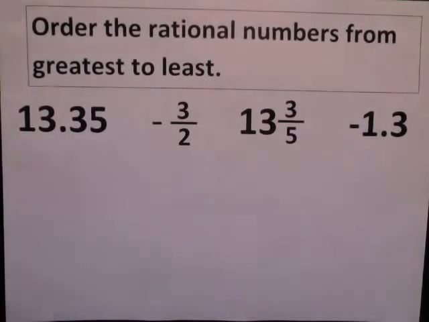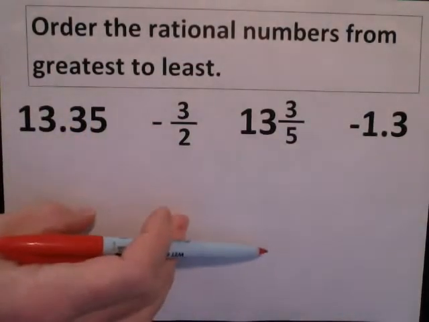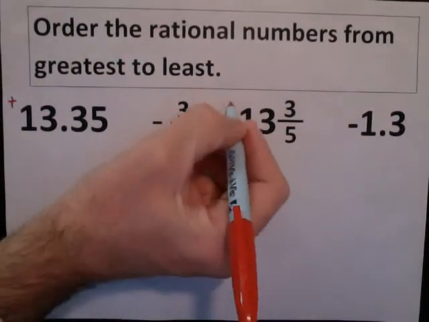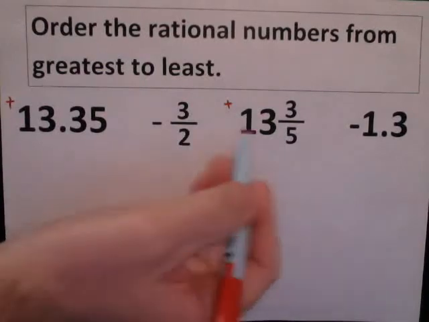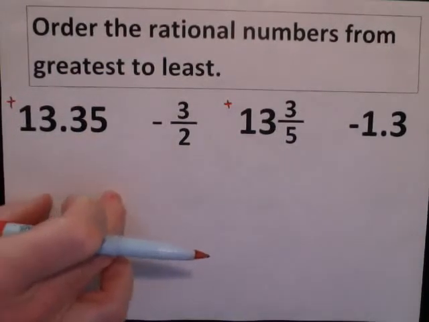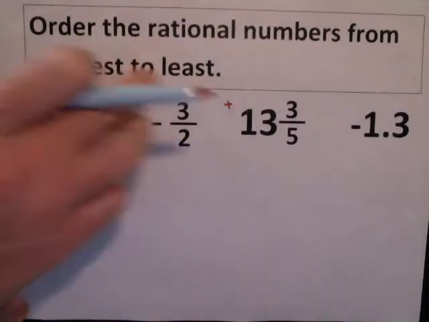And again, just start by looking over all of the numbers and trying to visualize them on a number line. Well, in this case, you can see that you have a positive number and a positive number, a negative and a negative. So you know that these are going to be at the beginning of your ordering, and these two are going to be at the end of your ordering because you're going from greatest to least.